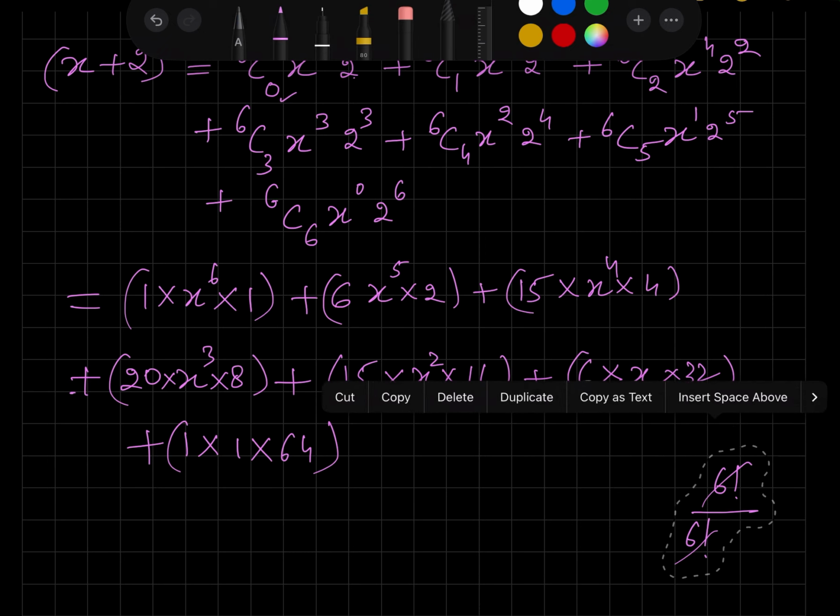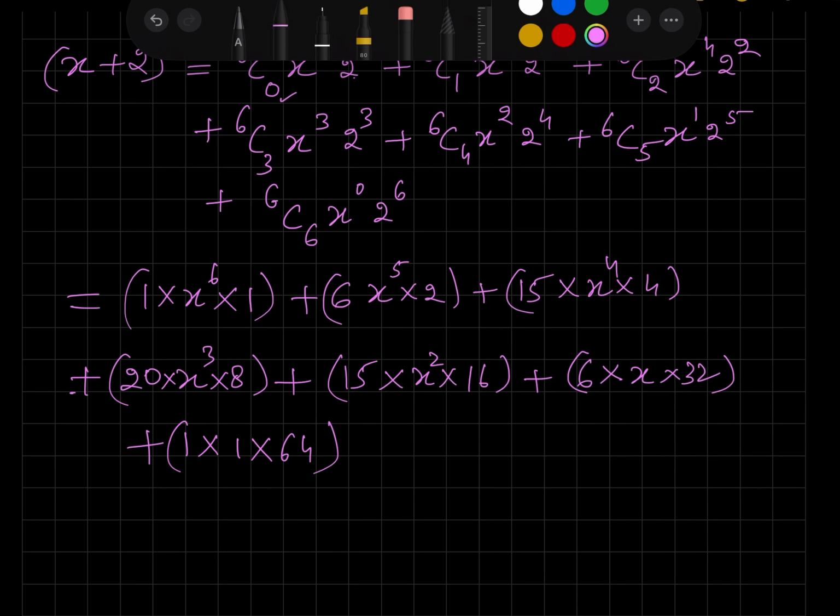So now let us see how to write this. So x plus 2 raised to 6 would be what finally?